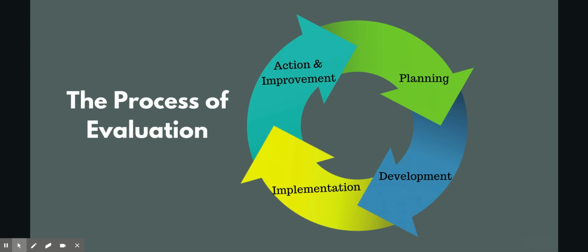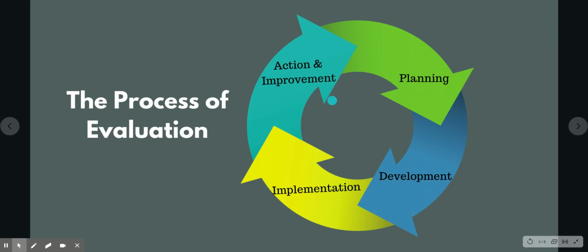Evaluation can be thought of as a set of linked activities, and the process for undertaking an evaluation includes four main phases. First, it includes planning. Second, development. The third phase is implementation. And the fourth is action and improvement.